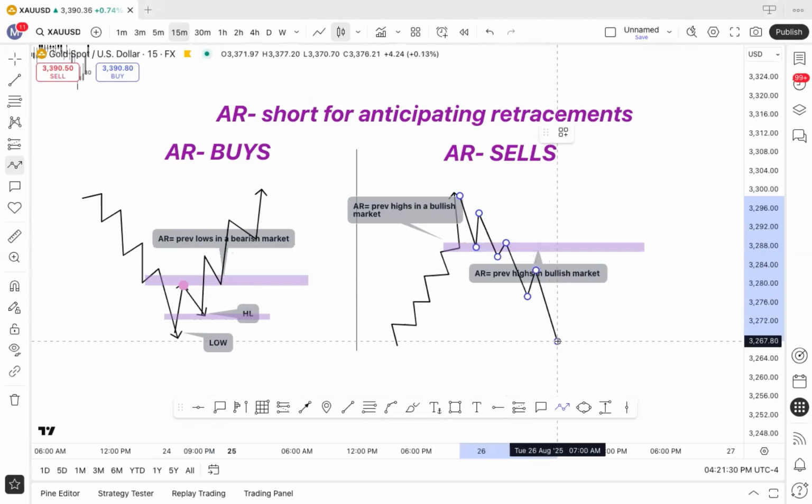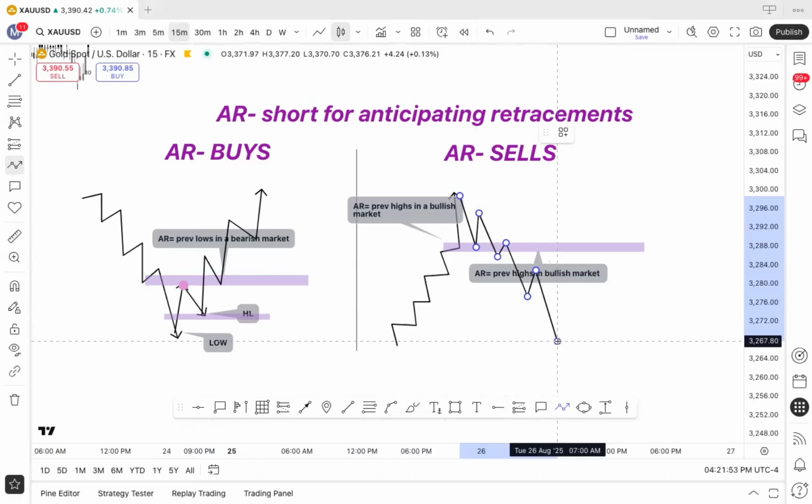So AR levels are just levels where we are anticipating retracement. We know that bullish and bearish market structure need higher highs, higher lows, lower lows, and lower highs to be created in order to continue.